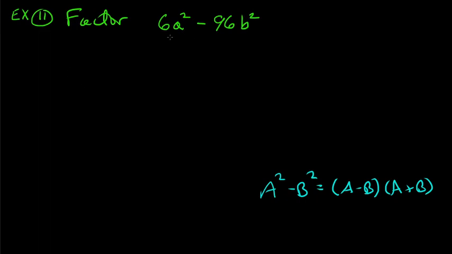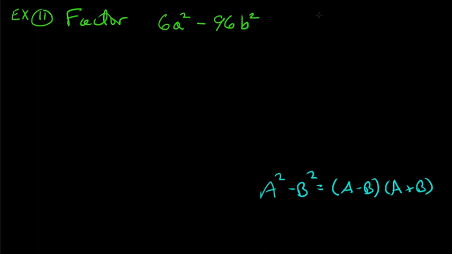Right. So the next thing, right, so this is a difference. It's not a sum, but we're looking for perfect squares, right? And 6 and 96 are not perfect squares. The square root of 6 and the square root of 96 are decimals. They're not whole numbers. Right, so you might think, well, then that means we're done, right?